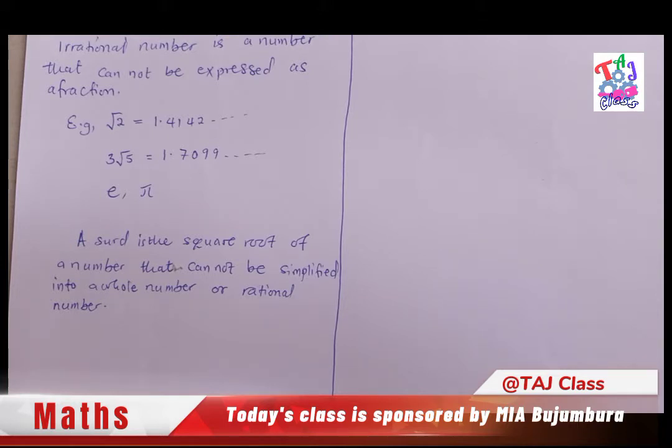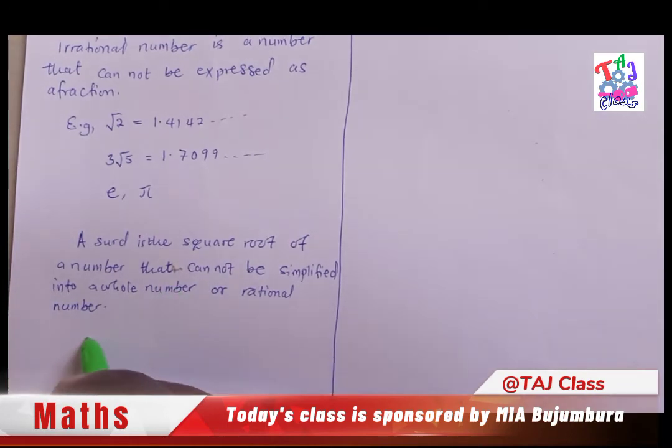So the reason as to why we said a number that can't be simplified as a whole number, it means, for example, if we have the square root of 4, this one is under root, but its term in here can produce a rational, because the square root of 4 is 2, which can as well be divided by 1.